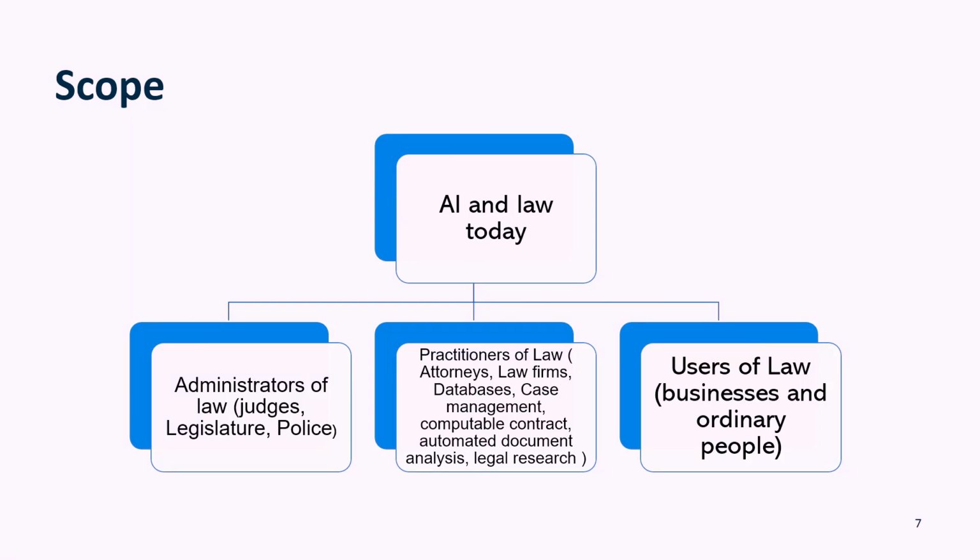lawmakers, by the police, by the administrators, that is the judges. It may be used by the practitioners, attorneys, law firms, for case management, for computable contract making, for automated document analysis, for legal research, and users of law may be anybody, ordinary people or individuals as well as body corporates.